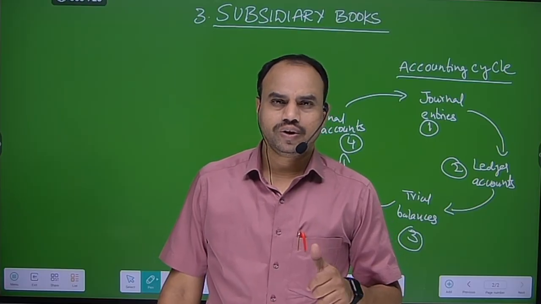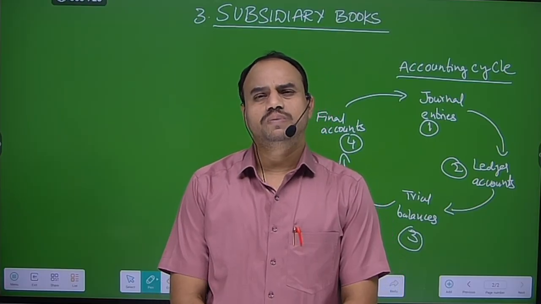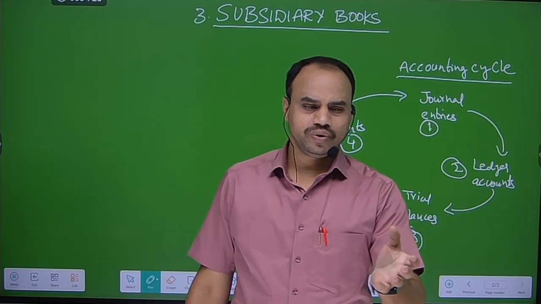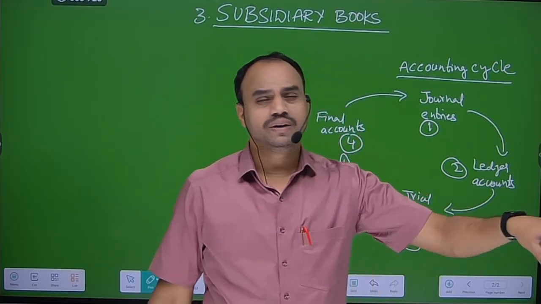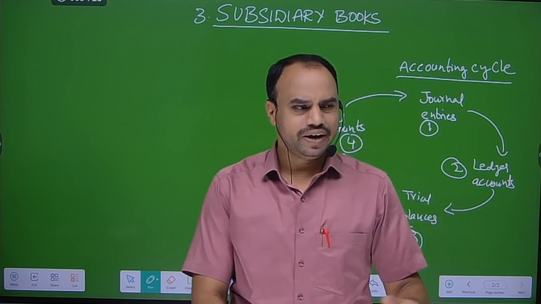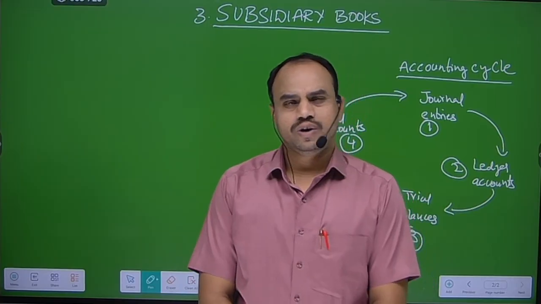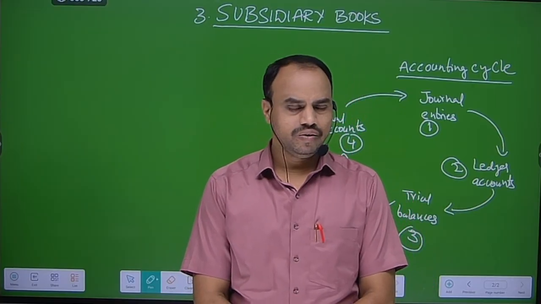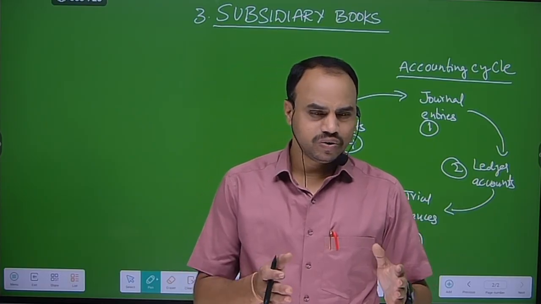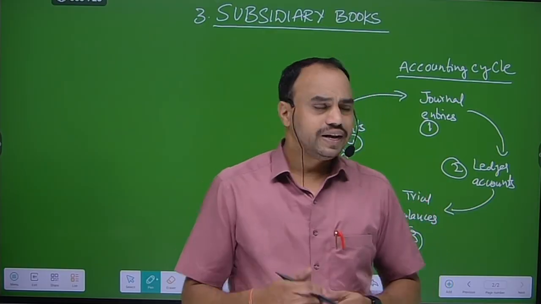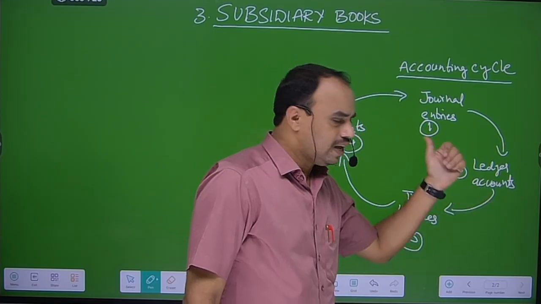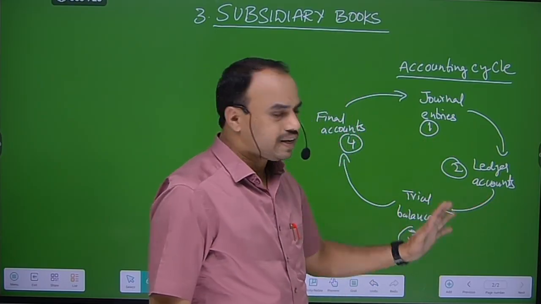Generally, small businesses, for example a kirana shop or a medical shop or a medium-sized business, have limited transactions per day, for example 100, 150 or 200. Because of that, they are able to write journal entries, prepare ledger accounts, and prepare the trial balance.